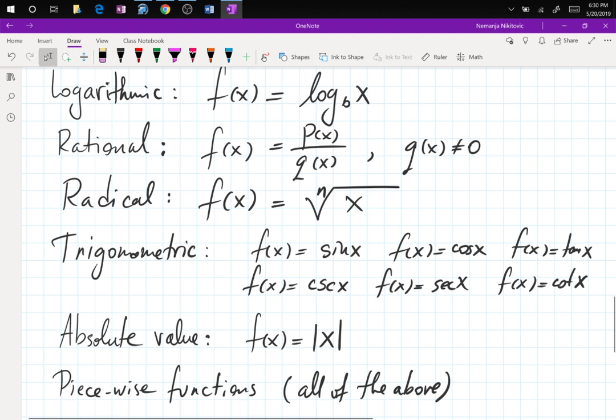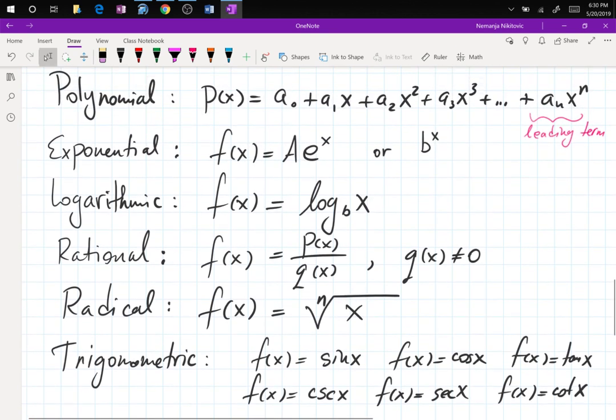So, we have these functions. What do we need to know about these functions? You see, the trick is that we're going to learn many concepts in calculus, but whatever concept you learn in calculus applies to all of these. You don't get to pick your favorite and say, I'm going to learn everything about e to the x and completely ignore everything else, because no, right?